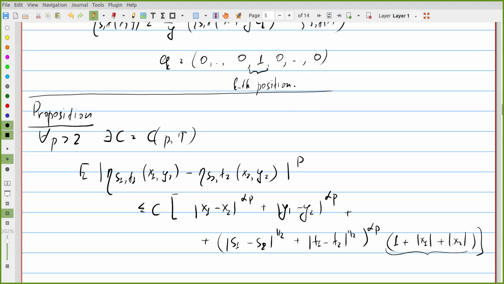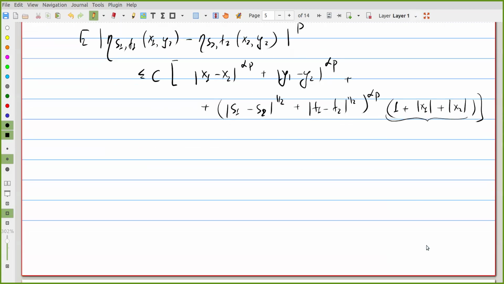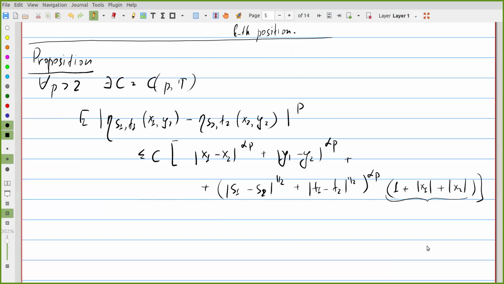Note that this is the reason why we are talking about local Hölder continuity, essentially. It's also a reason.